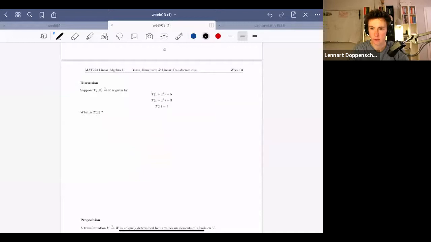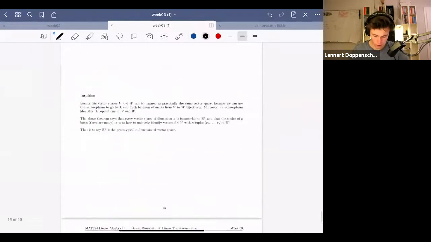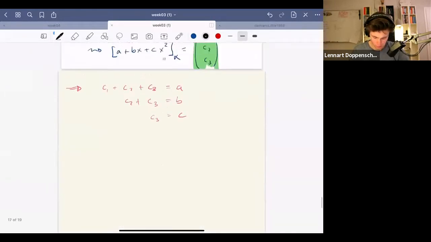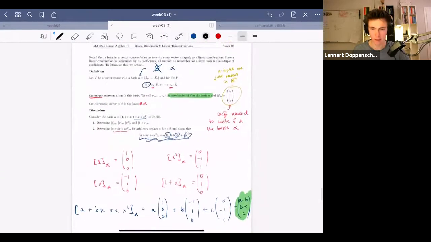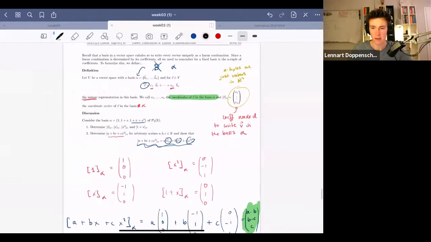Okay. So we'll start right where we left off. And remember that yesterday we observed that if we have a basis, every vector in the vector space has a unique representation as a linear combination.